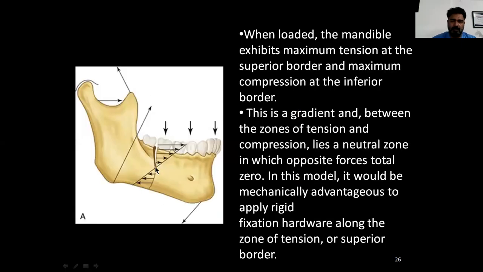So the forces are crossing each other. When loaded, the mandible exhibits maximum tension at the superior border and maximum compression at the inferior border. Between the zones of tension and compression lies a neutral zone, where the opposing forces total zero. In this model, it would be mechanically advantageous to apply rigid fixation hardware along the zone of tension at the superior border.